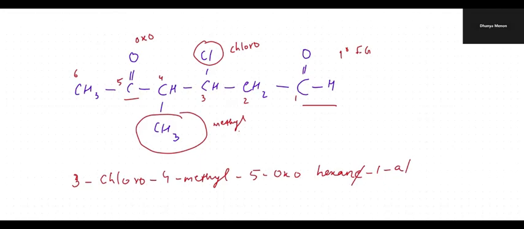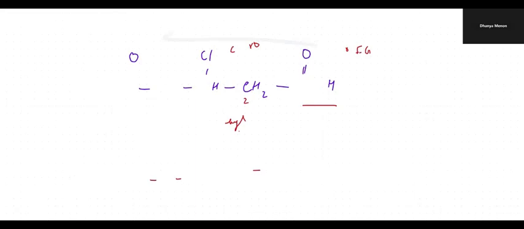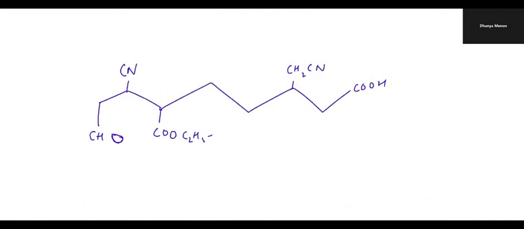Okay. Coming to the next question. Here you can see there's an acid group, there's an ester group, there's an aldehyde group, there's a cyanide group. And here, this is cyanomethyl.